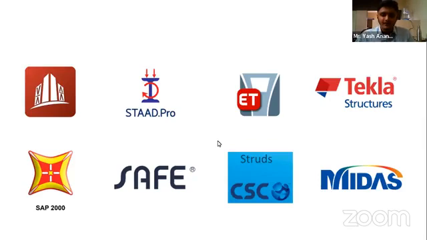Every type of structure we can design with this type of software. But StatPro is internationally used, and we can interconnect multiple software with one structure and design with multiple codes.